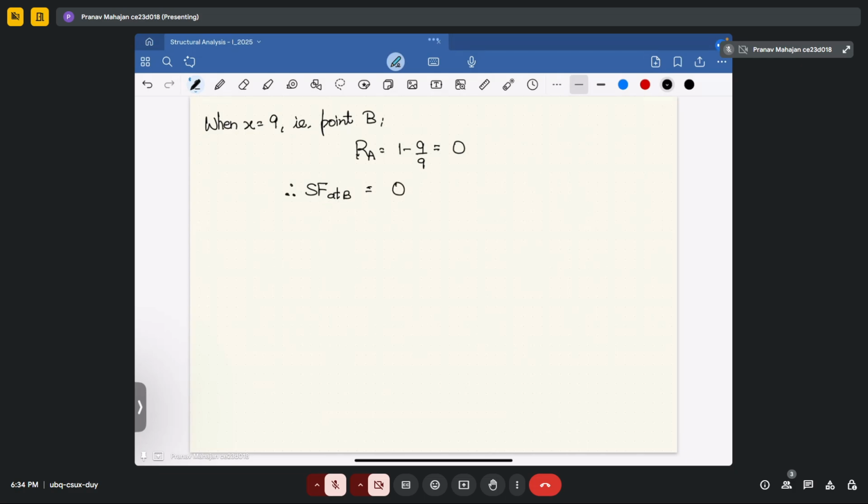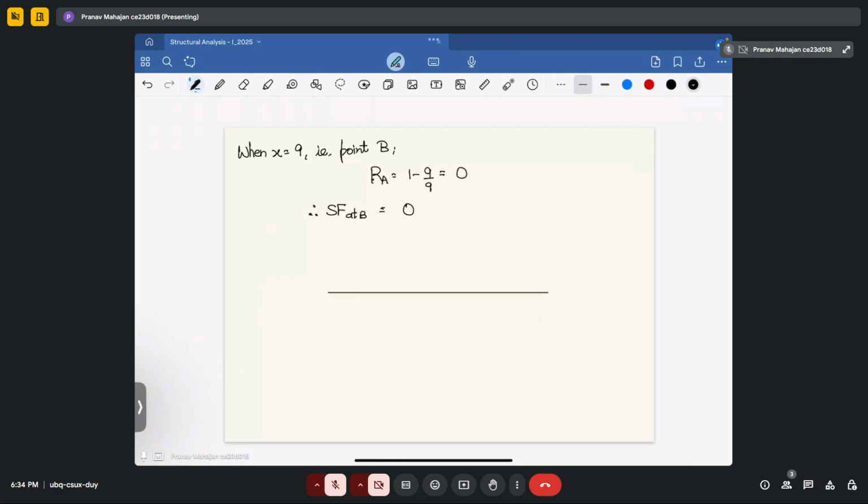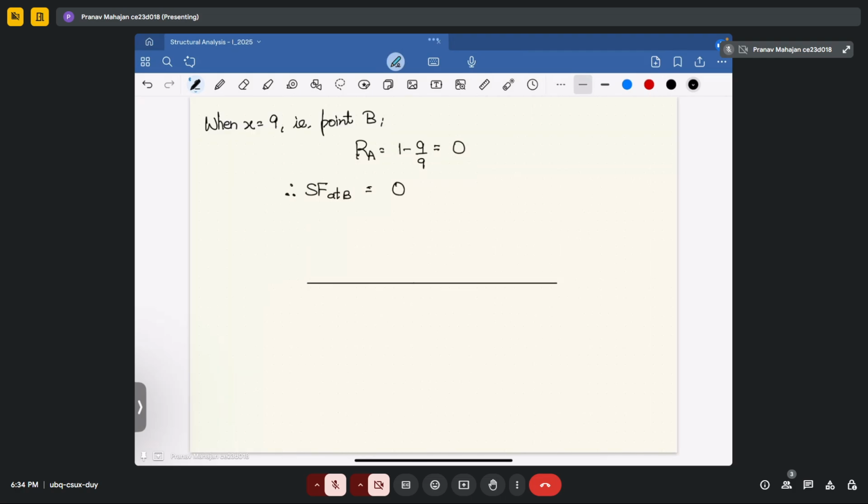So if we try to draw the ILD for this case, how will it look like? Let's say this is my total length of the beam and this is the point C. From A to C, it is negative, then it is positive, and then it again becomes 0.